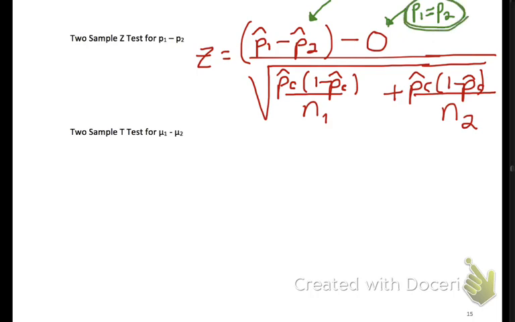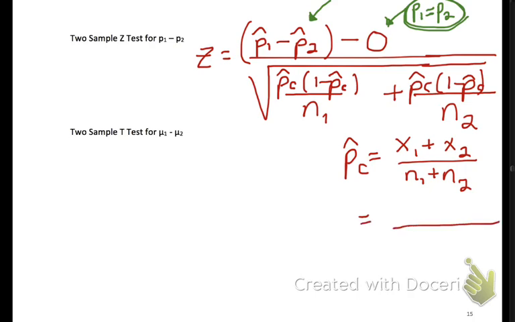that both population proportions are equal, then we can combine our two sample proportions into one combined proportion. It might be good to include how you calculate this p hat c. There's two ways to think of it. You could take your successes in your first plus your successes in your second, and then divide it by the sum of the two samples. Some students like to write it this way, though.